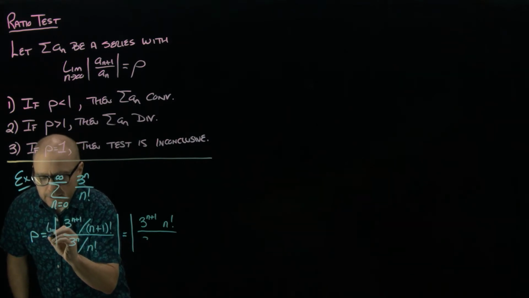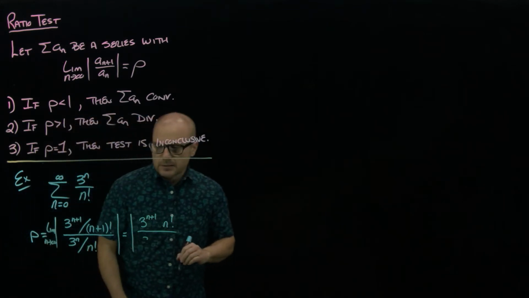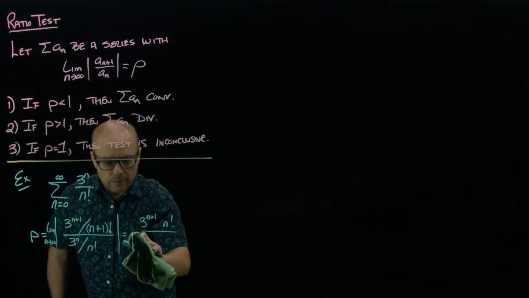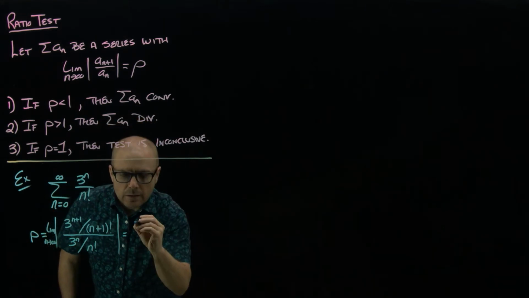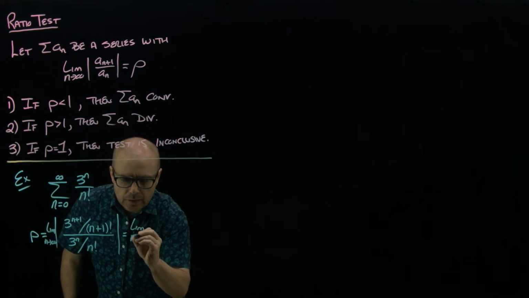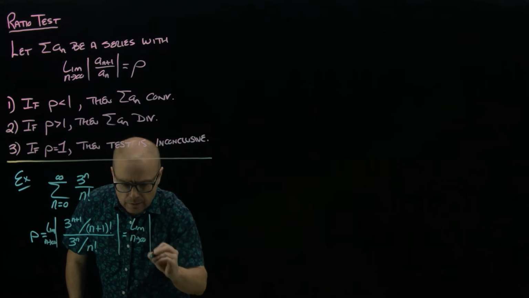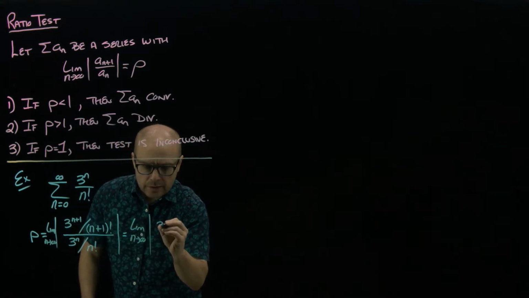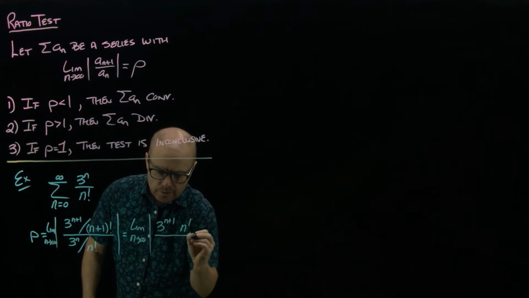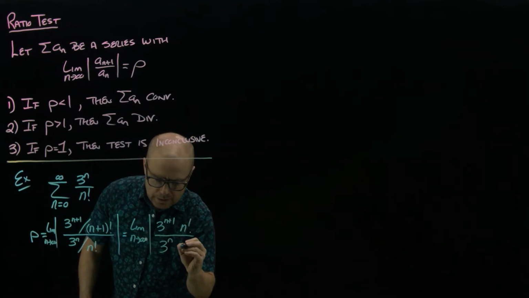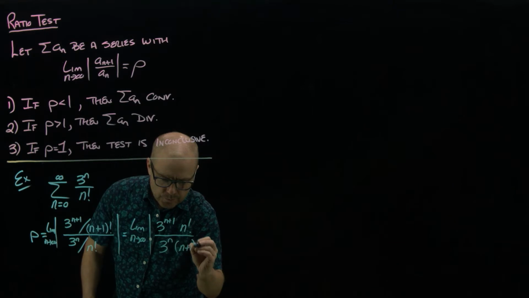We're taking the limit, right? The limit as n goes to infinity of this. So the limit as n goes to infinity of, when I flip it, 3 to the n plus 1, n factorial, over 3 to the n, n plus 1 factorial.